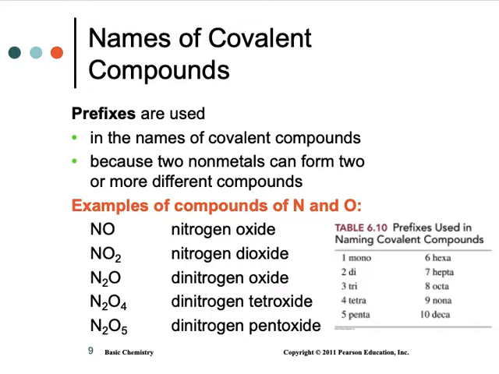You can name it NO2, where there's a different one. You can't call that nitrogen oxide because you already have something with that name. And now you have an N2O. You can't call that nitrogen oxide. You can't call all 5 of these nitrogen-oxygen compounds nitrogen oxide. Because they make more than one possibility, you have to name them a little bit differently.